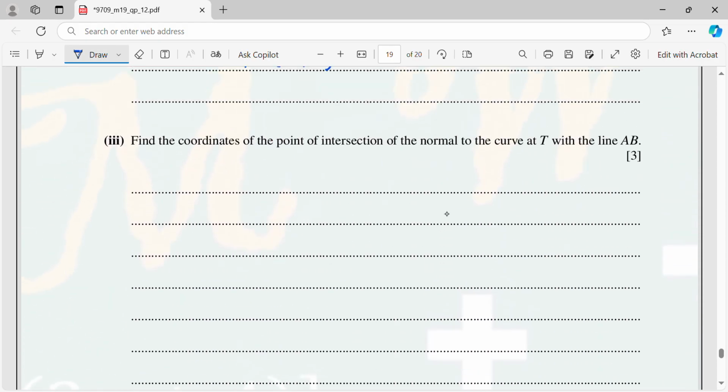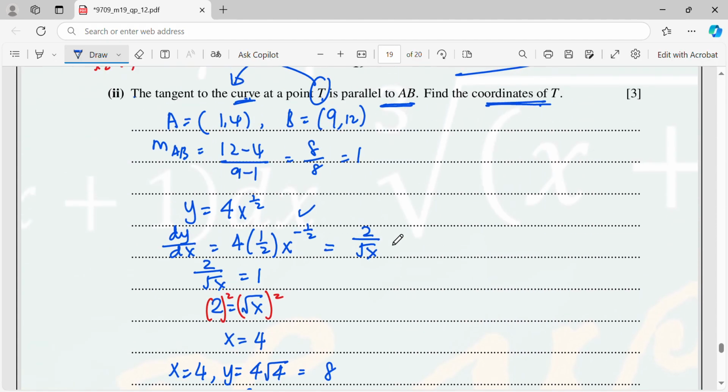Now, find the coordinates of the point of intersection of the normal to the curve at T with the line AB. So now I need to form the normal line to the curve at T. I have to find out the gradient of the tangent at T first, right?